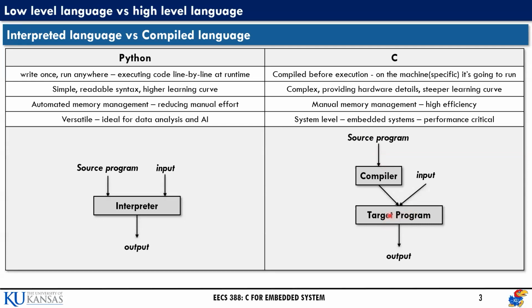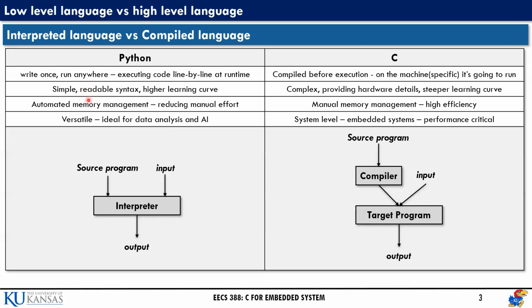For example, for ARM or the x86 processor, there would be a different version of the target program. And with input and the final version of the compiled code, we are able to get the output from our source program.